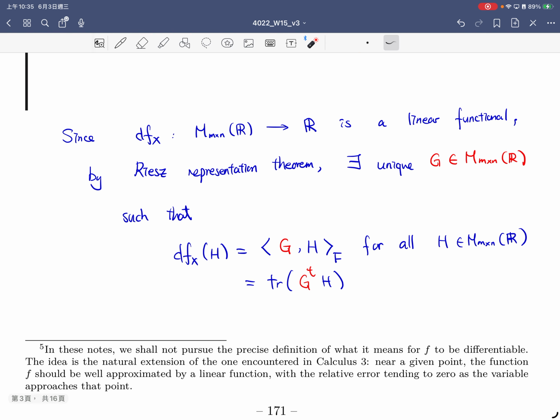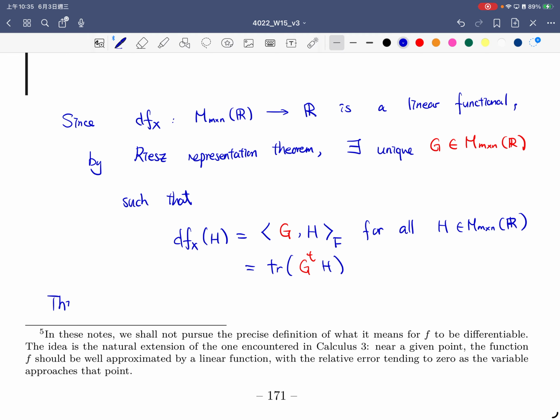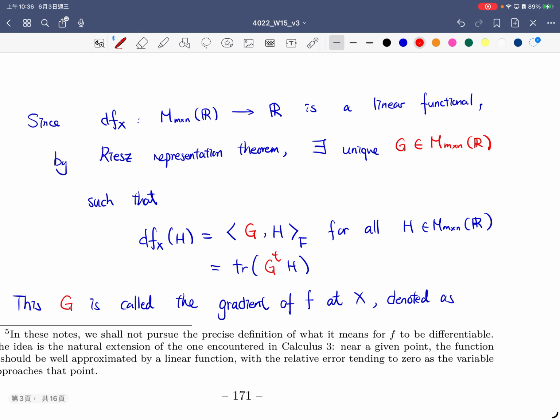This G is called the gradient. But now we don't call it gradient vector, because G is not a vector anymore, it's a matrix. So I simply call it the gradient of f at x, and the standard notation is G equals the gradient of f at x, where the variable is put at the bottom.